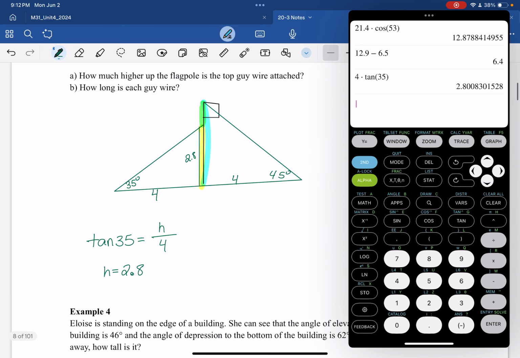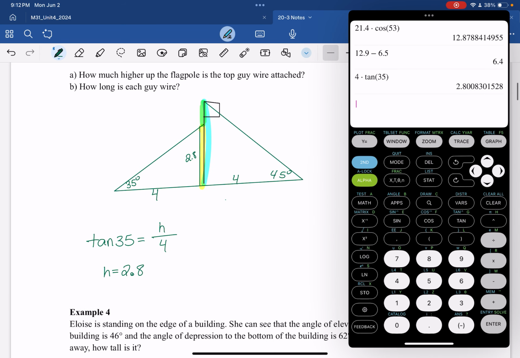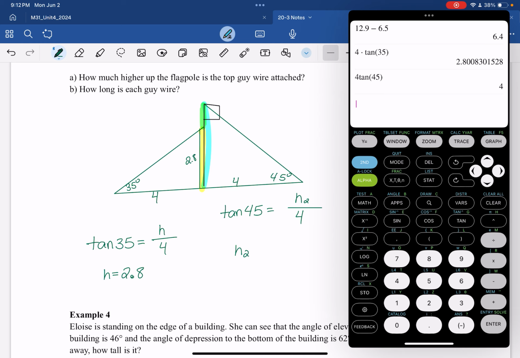And to get the other side, I'm going to do the same thing. The 4 is going to be my adjacent, the height is my opposite, so I'm also using tan, but in this case I'm using 45. And I'll call this height 2 over 4. So again, 4 times tan of 45, which I'll get the height 2 being 4 meters.